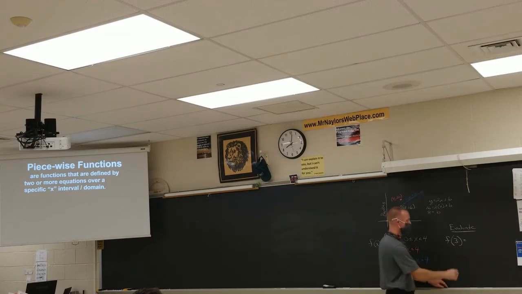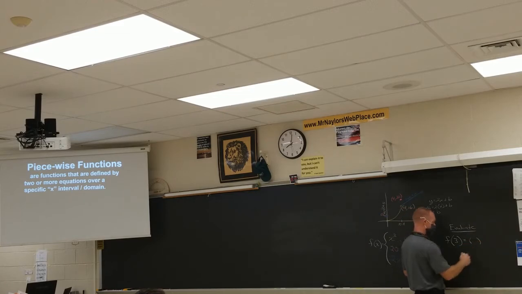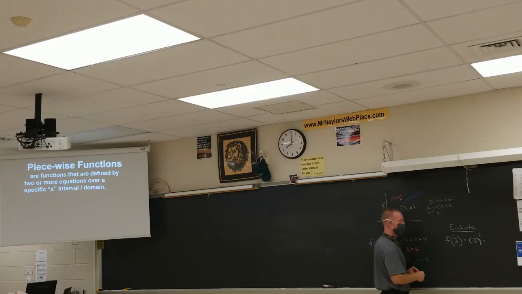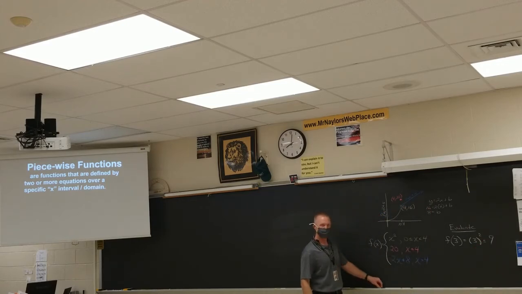So I only plug it into the parabola. Of course, when I plug it in, it gets squared. I know it's pretty easy, but when I plug it in, it gets squared, so f of 3 equals 9. But it only equals 9. You don't plug it into the other pieces. They don't take the number 3.